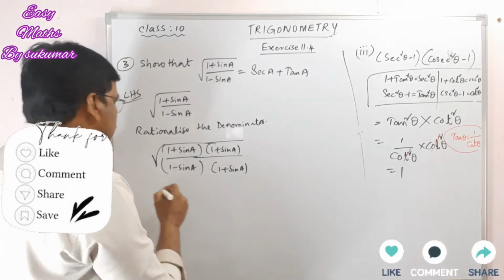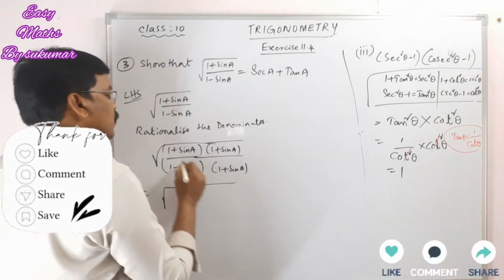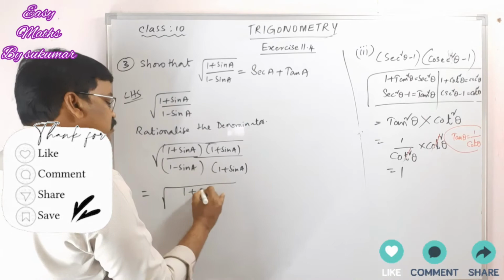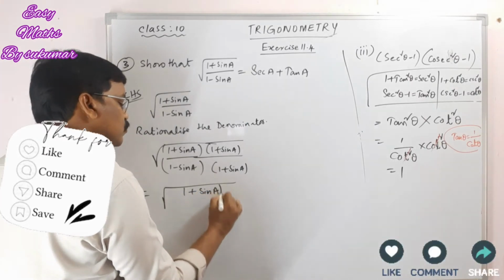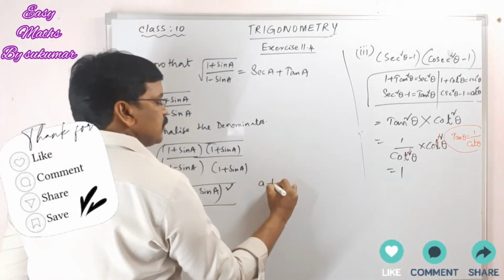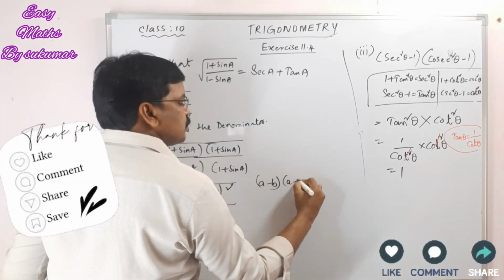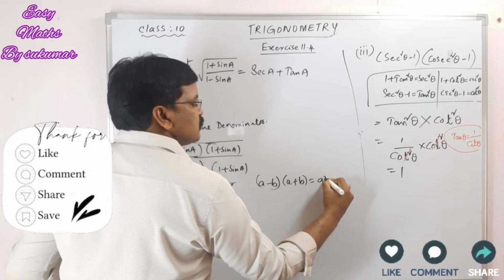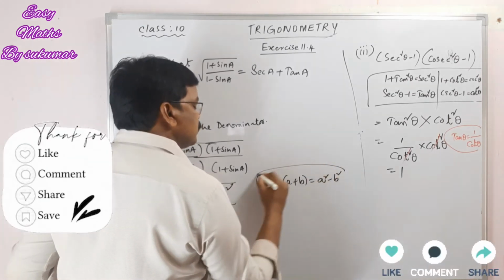Okay. So my dear students, it is equal to root of 1 plus sin A into 1 plus sin A, that is 1 plus sin A whole square by, this is A minus B into A plus B. What is A minus B into A plus B? It is equal to A square minus B square.